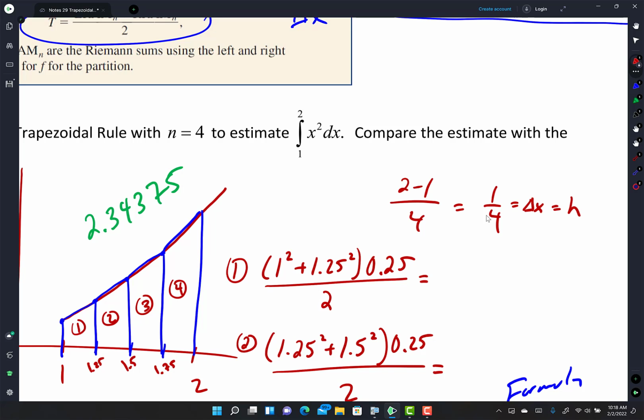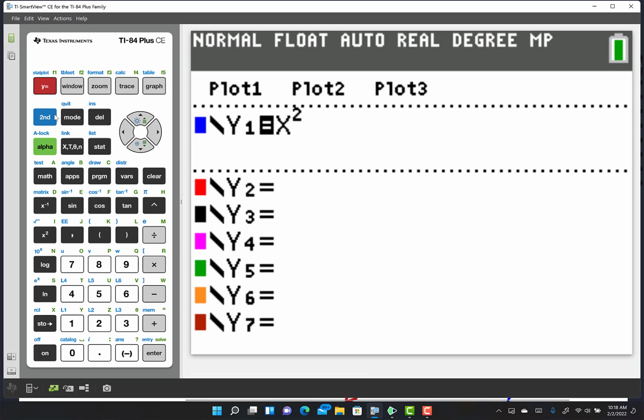I know how I can do it without messing it up for anyone. You see this right here? Does everyone agree that means area under the curve from 1 to 2 of x squared? Okay, so I know how to do it without ruining it for anyone. I'm going to type this into the calculator, and do you guys agree that whatever that number is the area? All right, so here's my calculator, and there's my x squared.